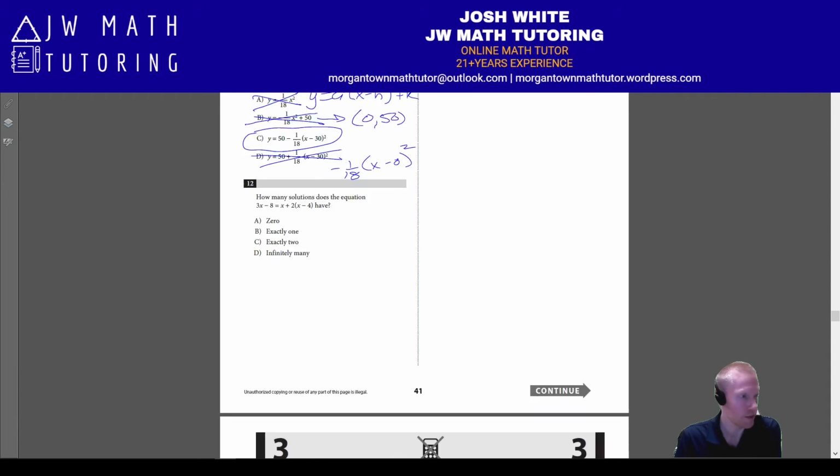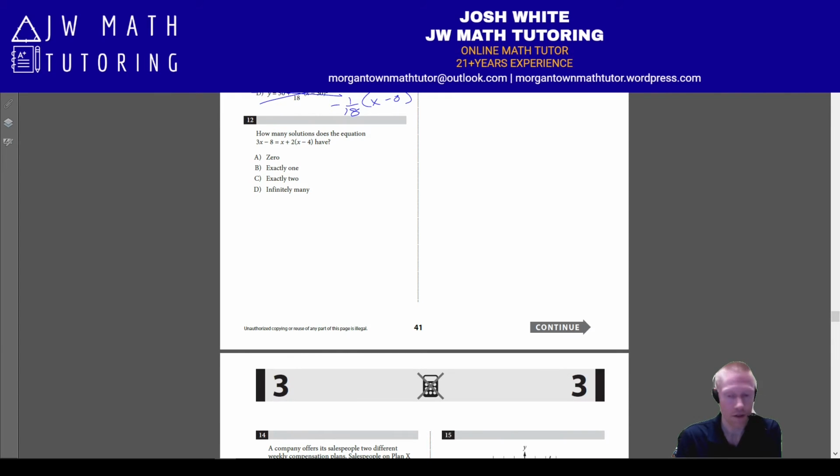Next problem is number 12. So looking at this one, this is just an easy equation to go ahead and try to solve. On the left side, we just copy down the terms. The right side, we just go ahead and distribute. Now, after we do that, notice that we get 3x minus 8 on the left and 3x minus 8 on the right.